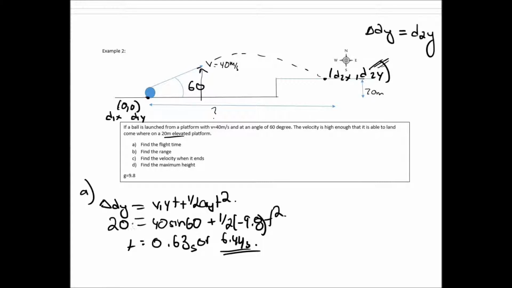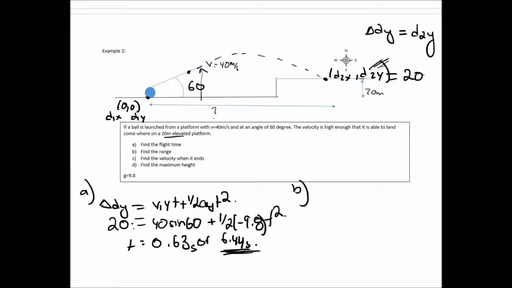This is going to be 20, because delta d2y is 20 meters, we know that. So if we solve for t, we're going to get 0.63 seconds or 6.44 seconds. And this is because the displacement in the y direction is going to be 20 twice. Once right here, and the other time when it lands. And we want the time when it lands, so that's going to be 6.4 seconds.